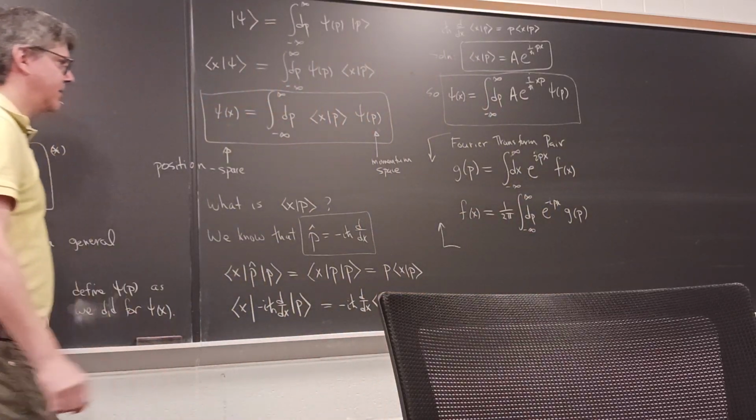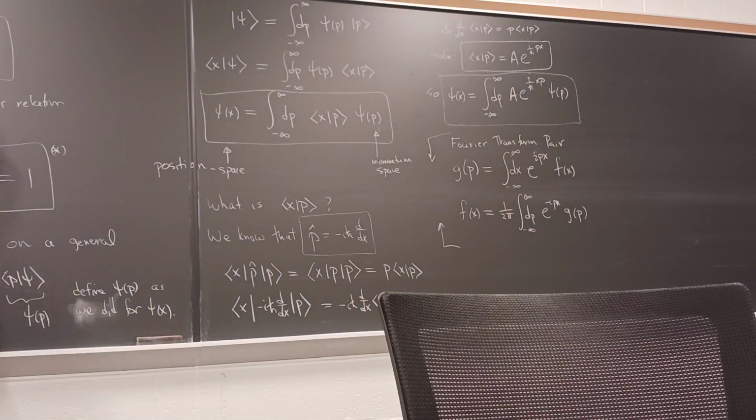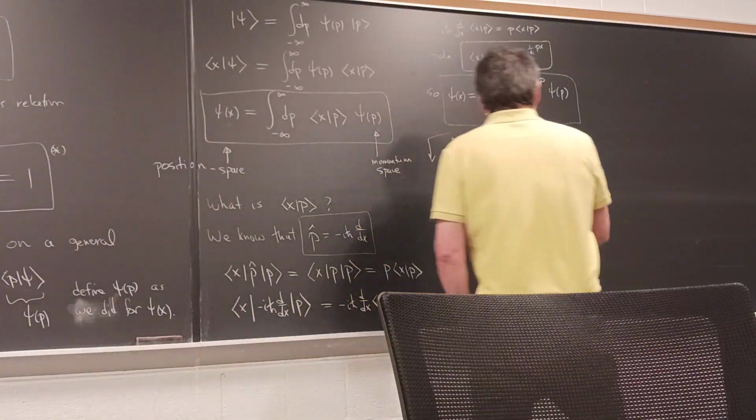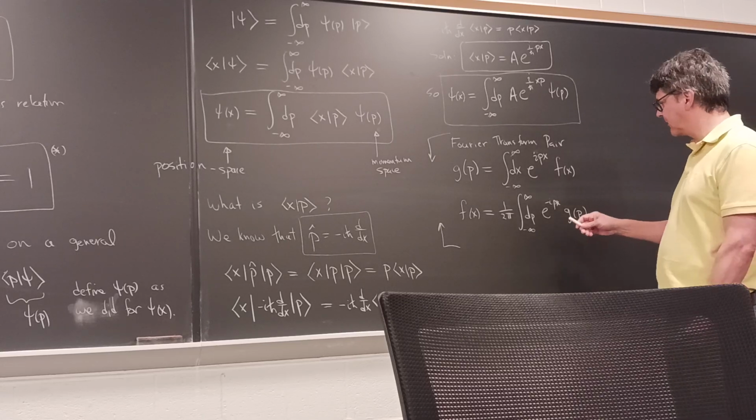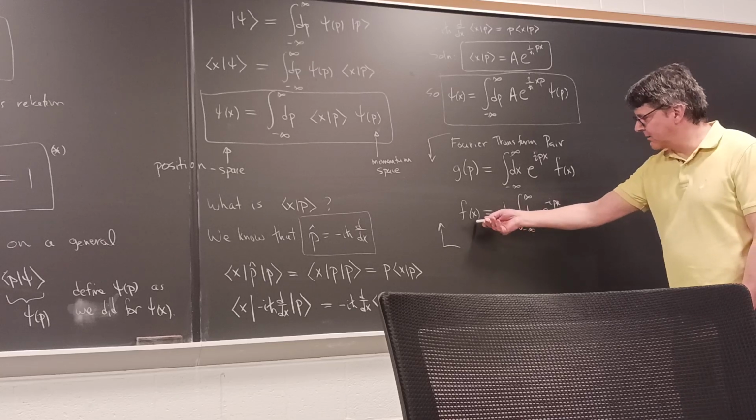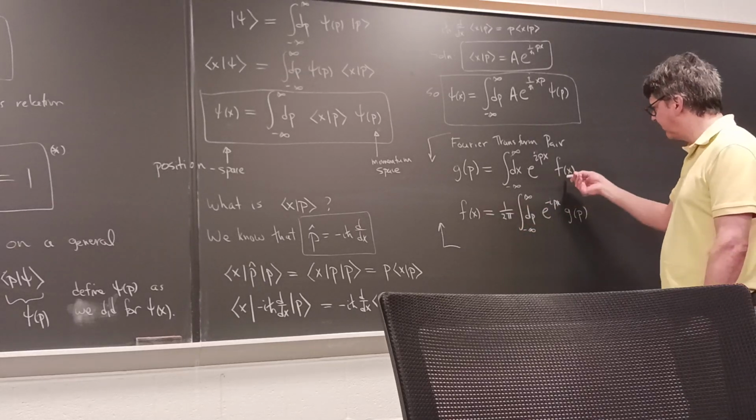That's just the definition of a Fourier transform pair. And what I want to derive next is an integral form of the Dirac delta function, because we're going to need it. So what I'm going to do is plug this f back in here.